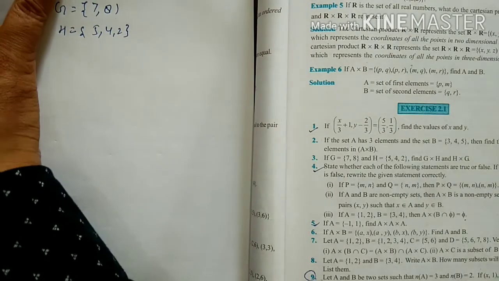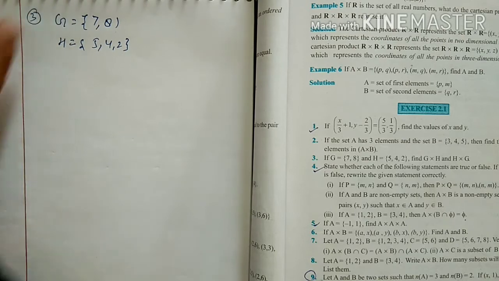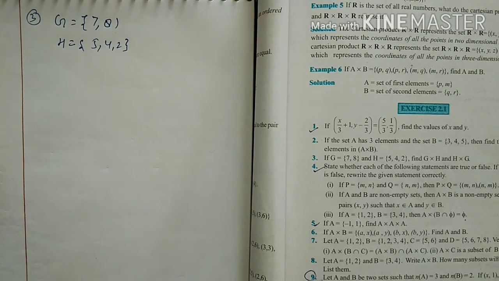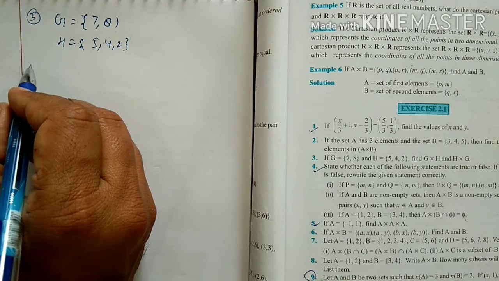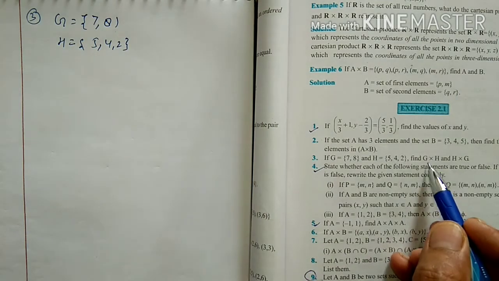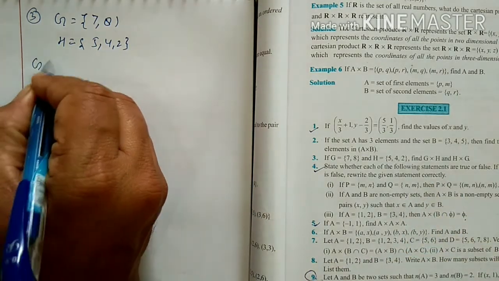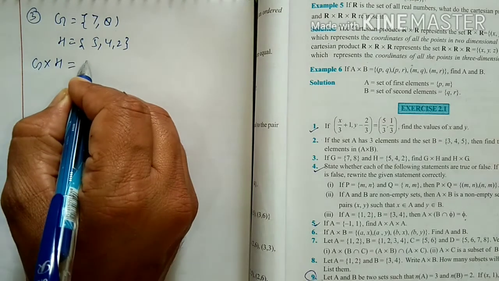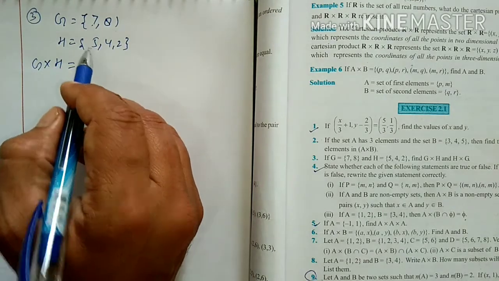Yesterday I explained how to find the Cartesian product. First of all we have to find G cross H.